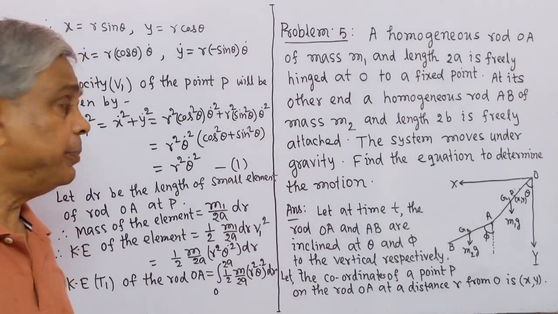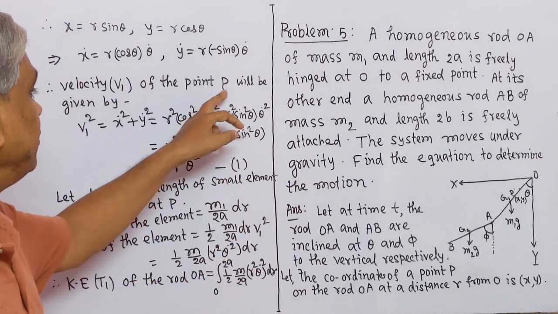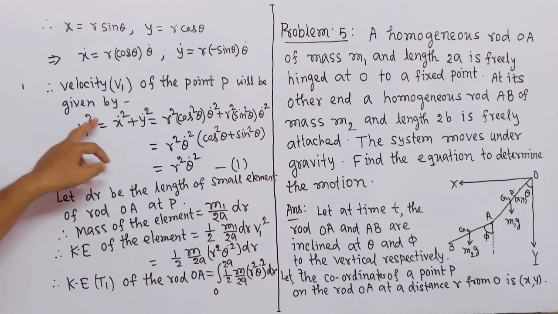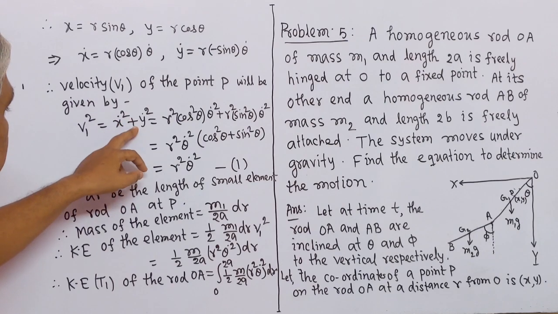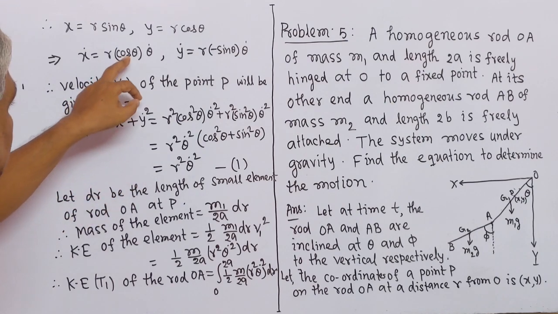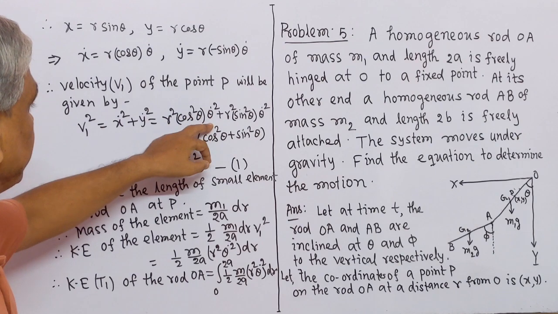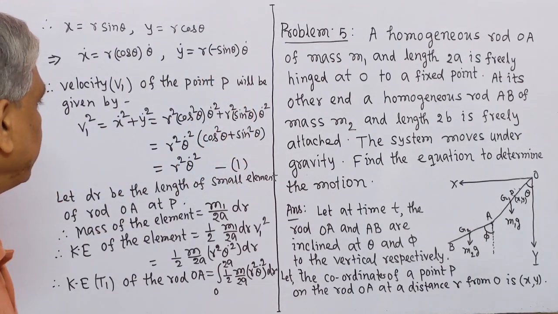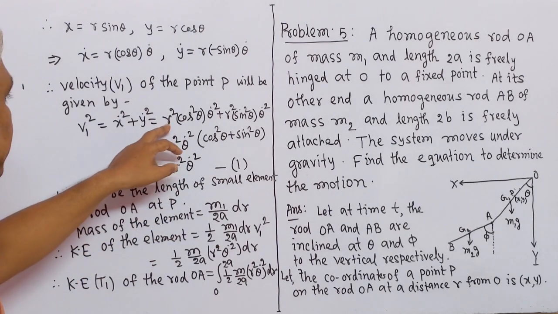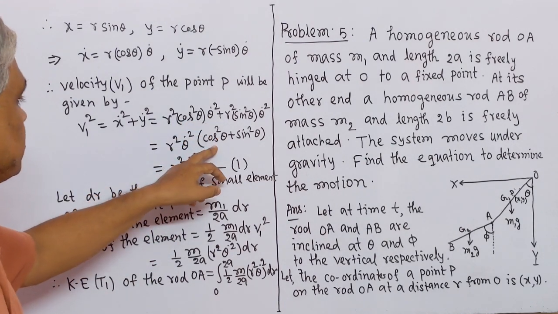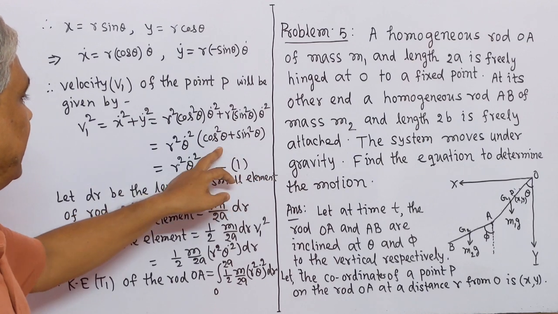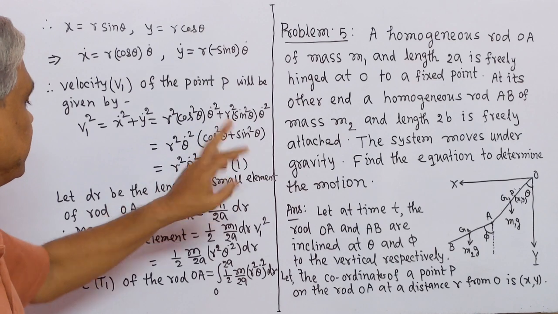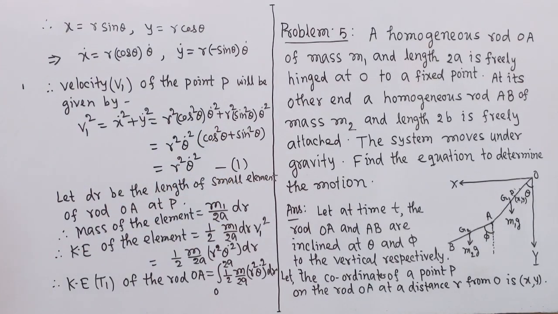Now the velocity v1 of the point P is given by v1 square equal to x dot square plus y dot square, which is r square cos square theta theta dot square plus r square sin square theta theta dot square. Taking r square theta dot square common, cos square theta plus sin square theta is 1, so v1 square equals r square theta dot square. This is equation number 1.